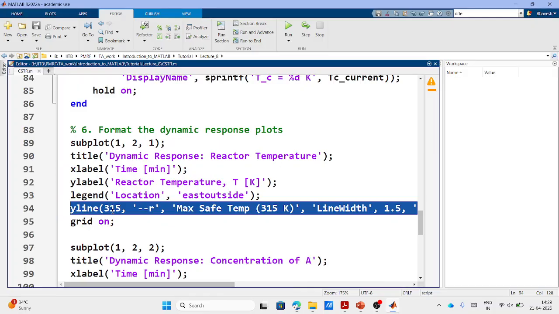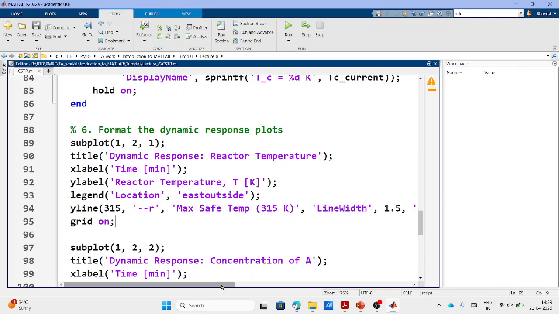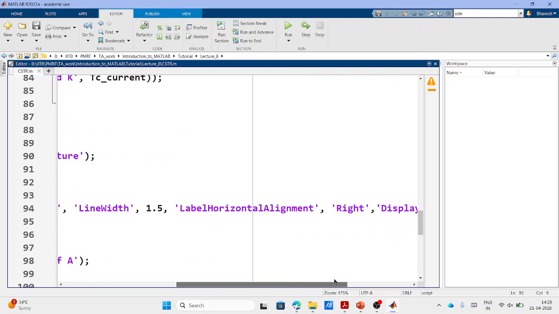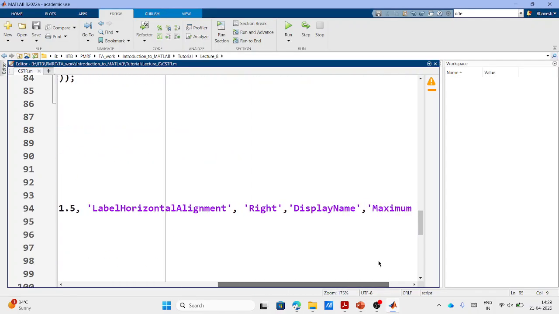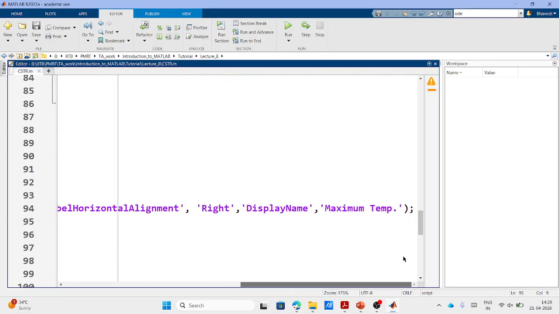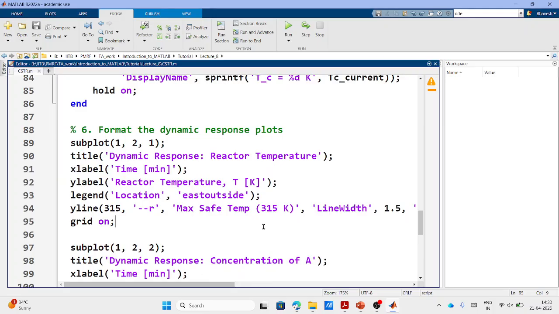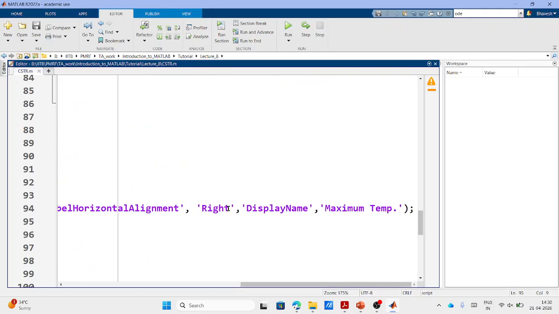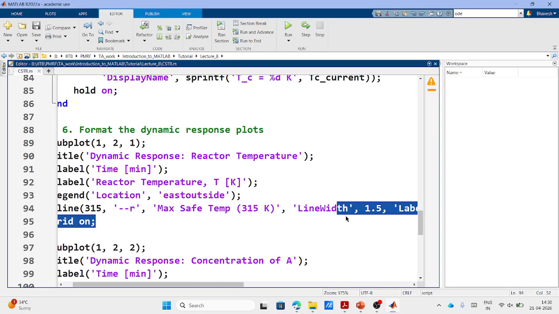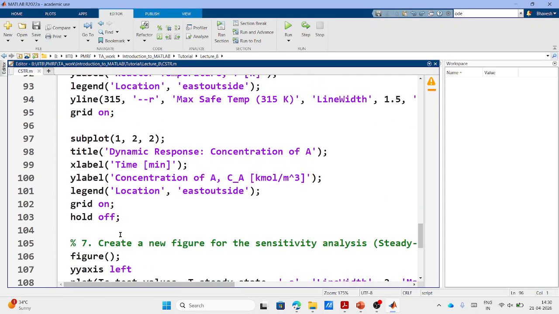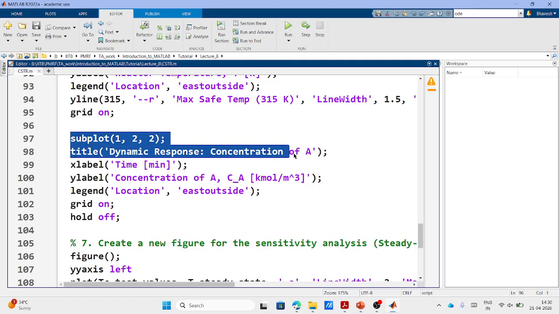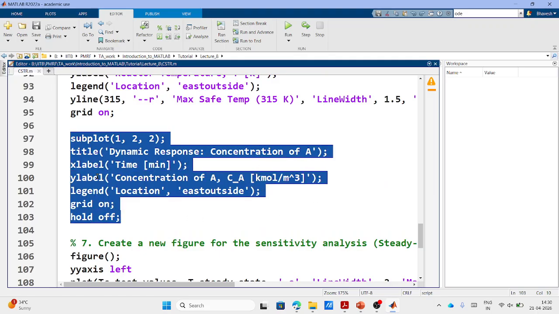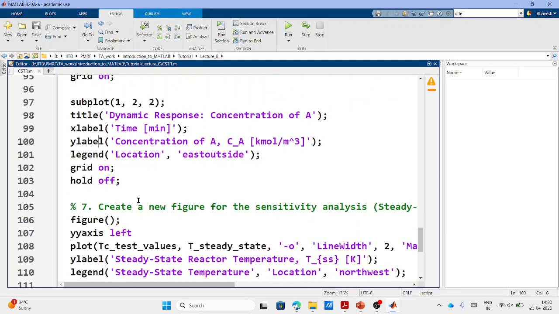So I'm creating a Y line at 315, labeling it as maximum safe temperature, right? These are just labels on how to put that at a particular location. Just read about it in the description or the help manual. You will understand what exactly this means. Okay? So this is again the beautification or naming part that we are doing, right?